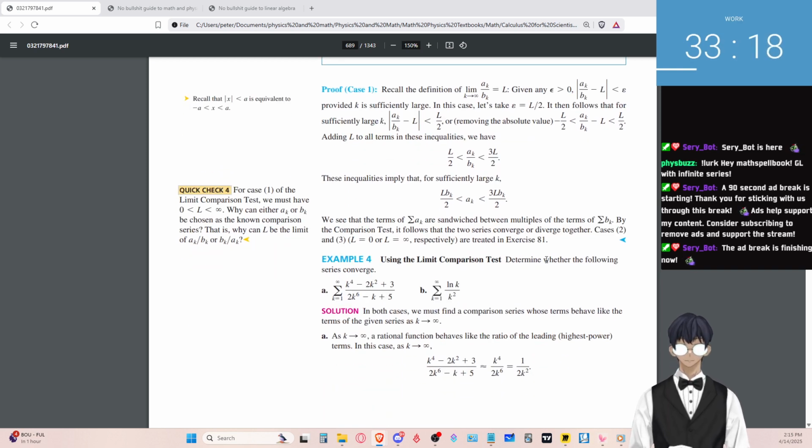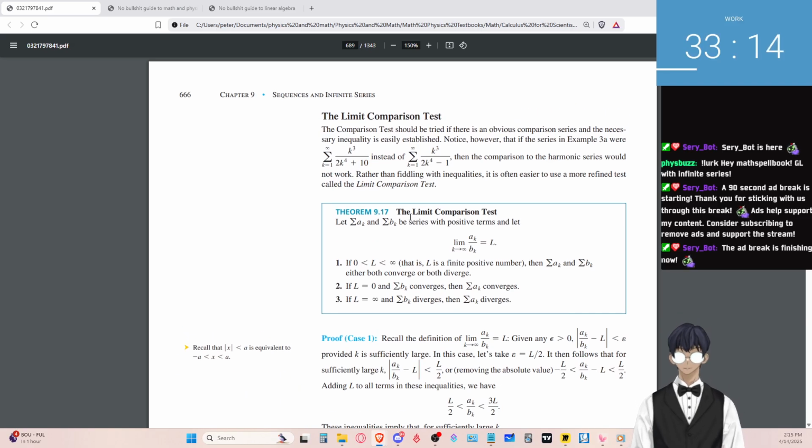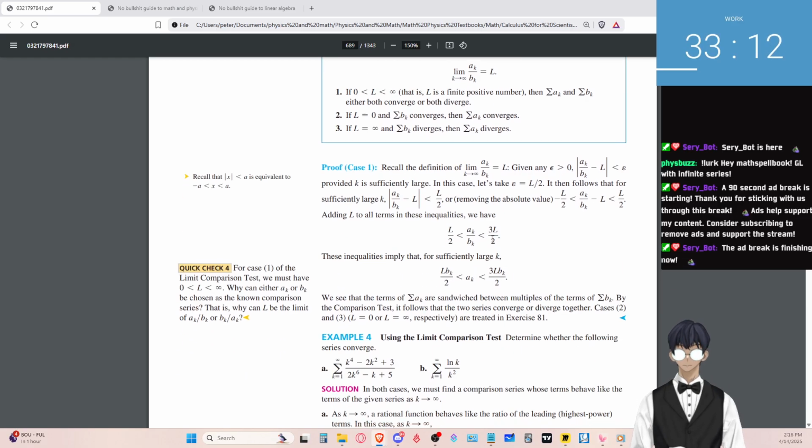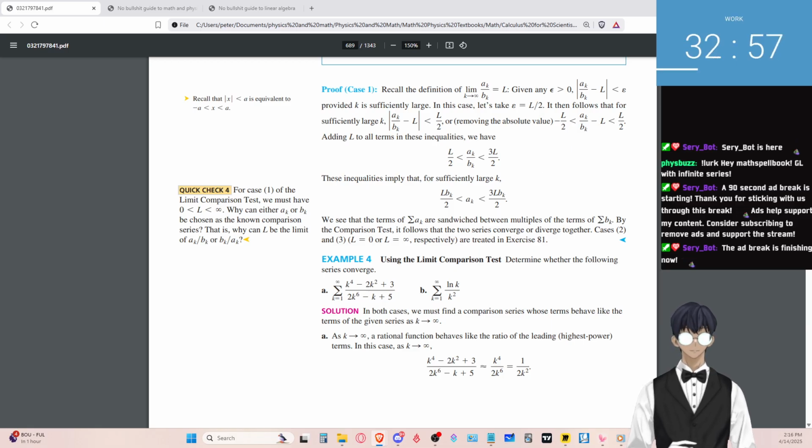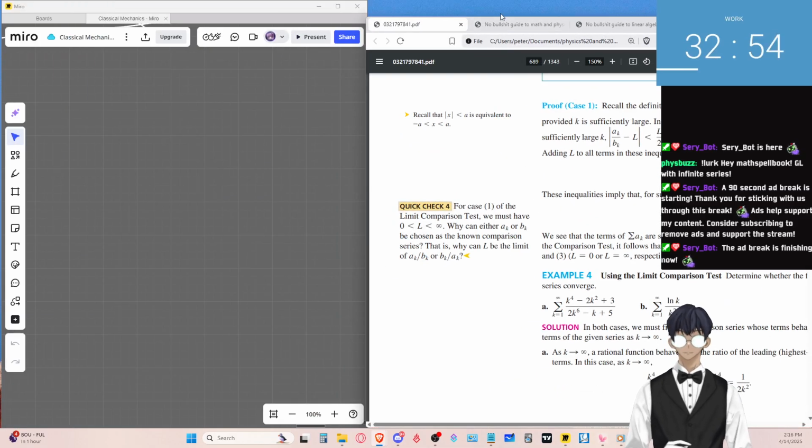Okay, use the limit comparison test to determine whether the following series converges. So I'm guessing this would be A and this would be B, and then if you put the limit... Actually, let's try it before we actually start answering stuff.